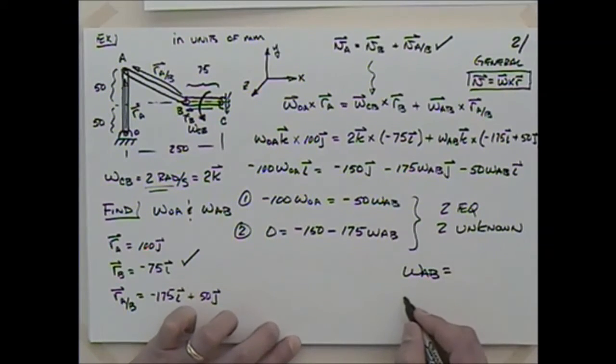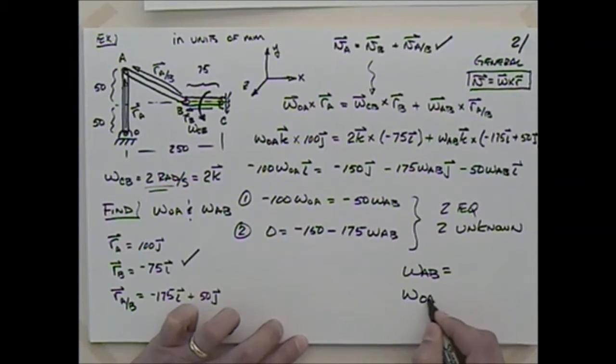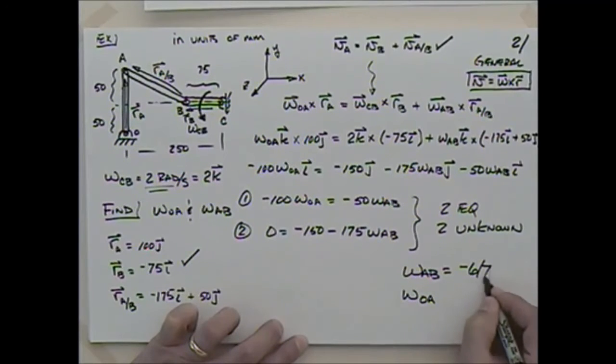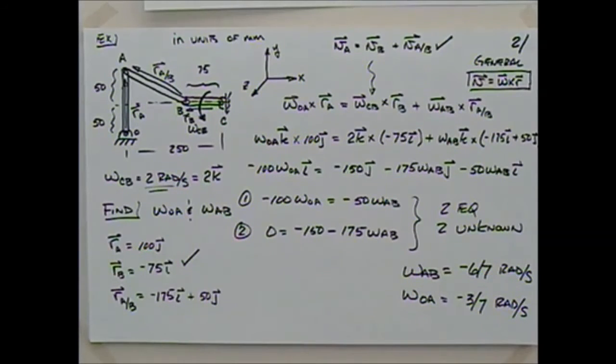and I can solve for omega OA, and omega AB turns out to equal minus 6/7 radians per second, and omega OA turns out to be equal to minus 3/7 radians per second. So my guessing wasn't too good.